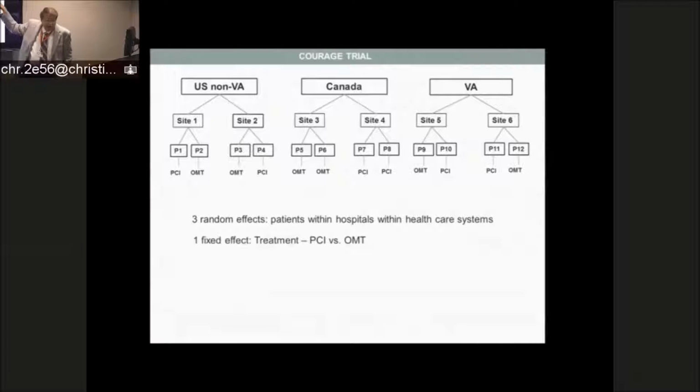I just have 2 for each here because that's all I could fit. Then within each site, you would enroll a number of patients, and they would be randomized to PCI or to medical therapy. So in this study, we actually, in effect, have 3 random effects: patients within hospitals, within healthcare systems. And then there is 1 fixed effect, which, of course, would be the treatment of PCI versus medical therapy.